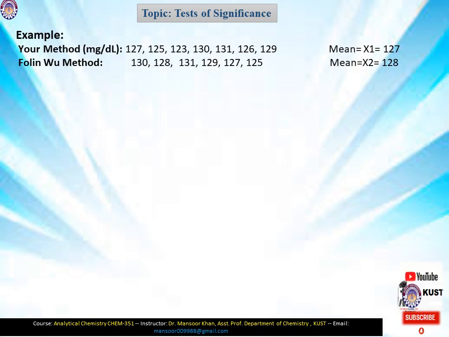The data coming from the two procedures is given. For your method, the content of glucose in the blood serum in milligrams per deciliter is 127, 125, 123, 130, 131, 126, 129.